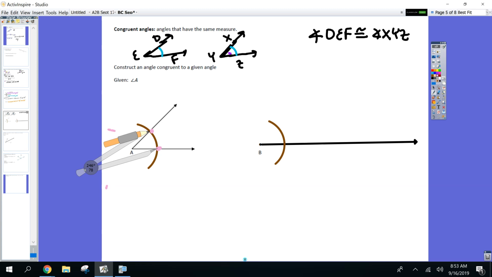And the final step and most important step that you have to remember, you're going to go back over to your ray, but you are not going to put your compass on the endpoint. Instead, put it on the point of intersection. And you have a choice now. You can make an arc above or below, but just make sure it intersects your first one.